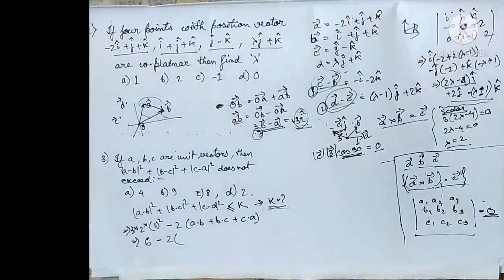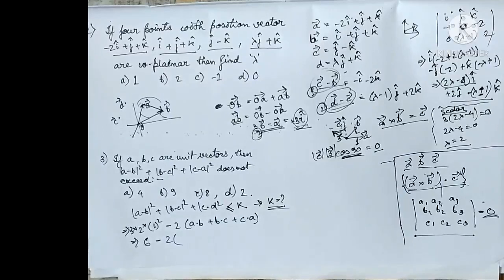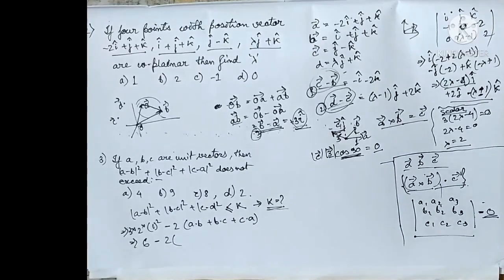See, here we can use the formula that a plus b plus c whole square is equal to a square plus b square plus c square plus 2 into ab plus bc plus ca. That formula we can use for vectors also.